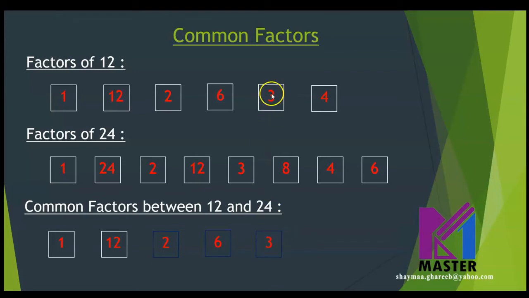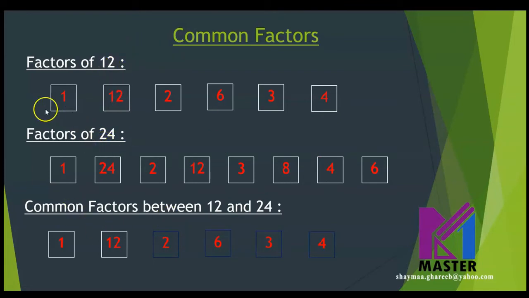What else? Number 3 is a common factor between 12 and 24. Do we have any other common factors? Yes, we still have number 4. So number 4 also is a common factor between number 12 and number 24.